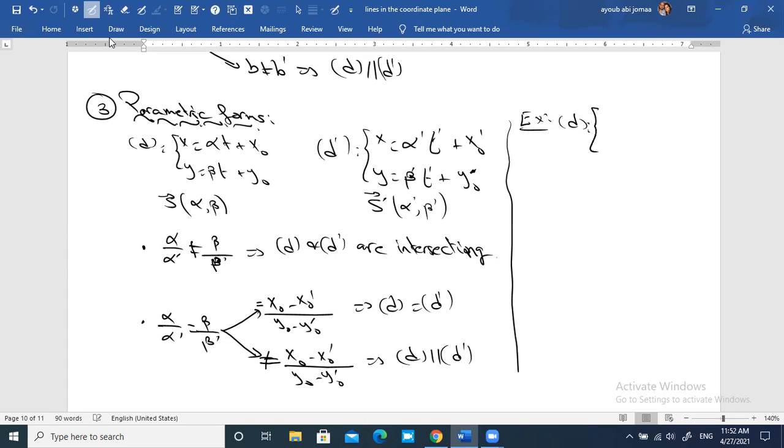Let's say straight line D of equation x equal 2t plus 1, y equal negative 3t plus 2, and straight line D prime of equation x is equal to negative 3k plus 6 and y is equal to 2k minus 3.